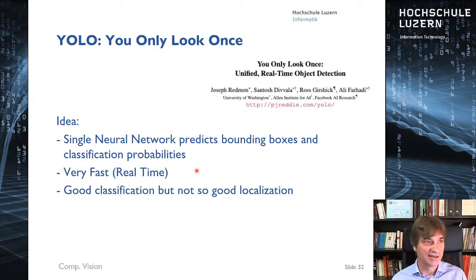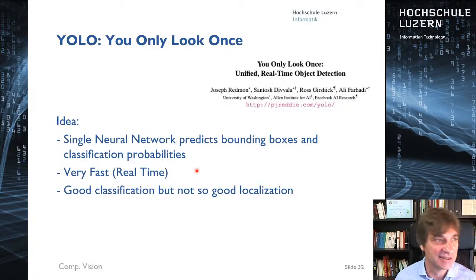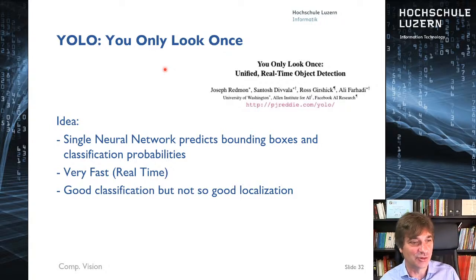Okay, so these approaches here worked on the proposals and then on classification, and then later there came 2 methods, YOLO, you only look once, and SSD, single shot detector, that try to approach it a little bit from a different angle. So not first to have the proposals and then the classification, but do everything at once. So that's why with the name here, you only look once.